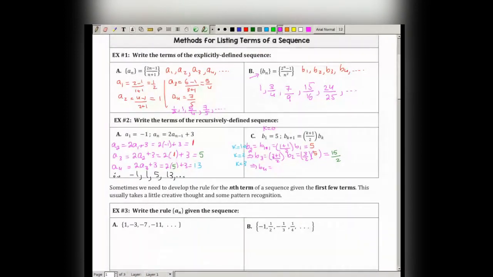So B4 is going to be equal to 3 plus 1 over 2 times B3, which is equal to 4 over 2, so 2 times B3, so the 15 over 2. So 2's cancel, we end up with 15.